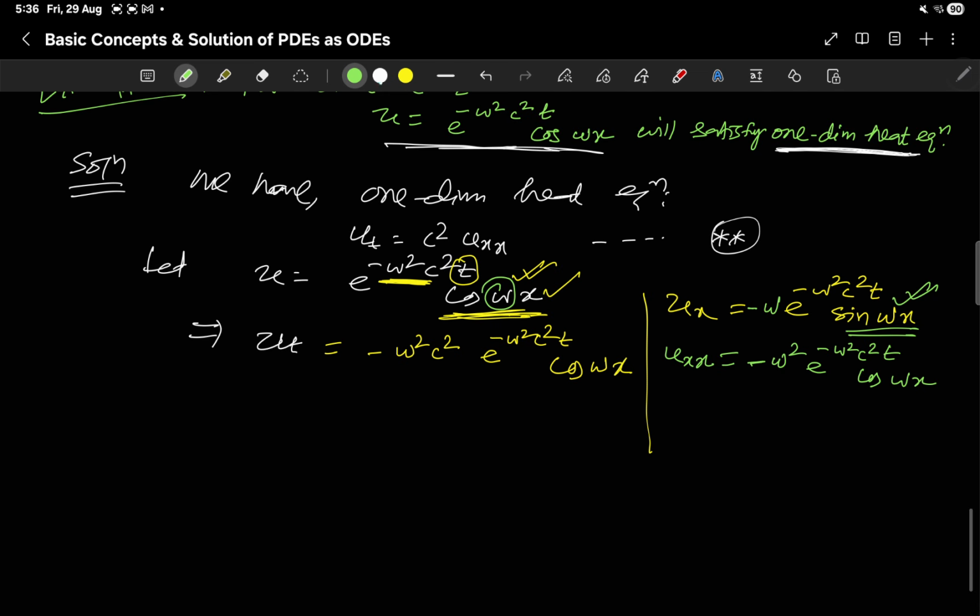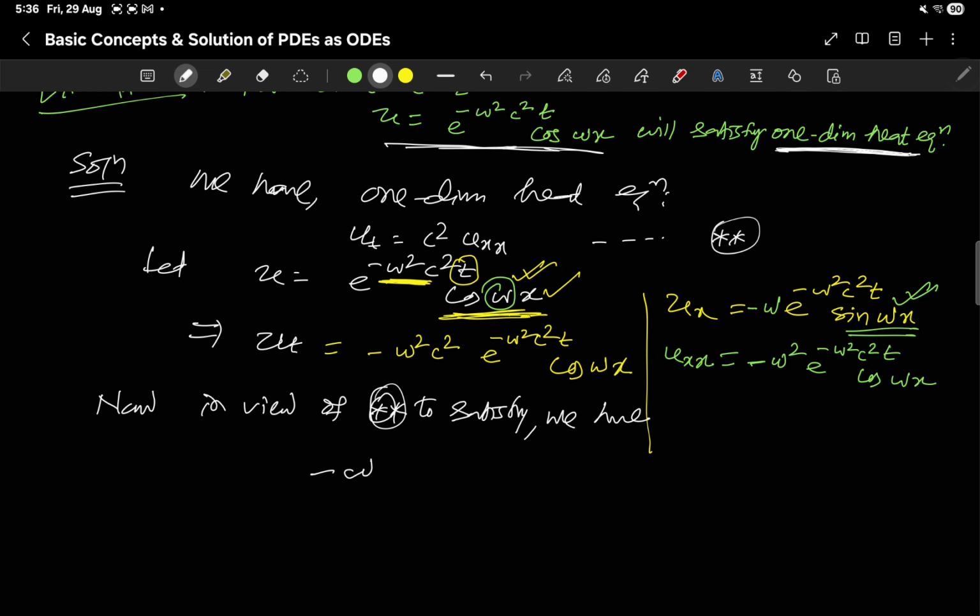In view of star, for double star to be satisfied, we have ut means minus omega square c square e to the power minus omega square c square t cos omega x. In the right hand side, c square uxx means minus omega square c square e to the power minus omega square c square t cos omega x.